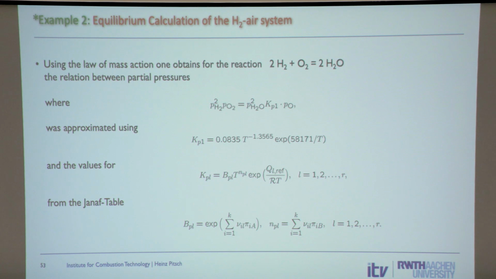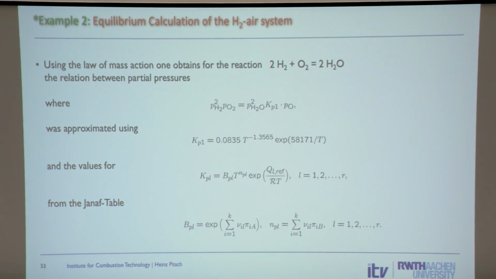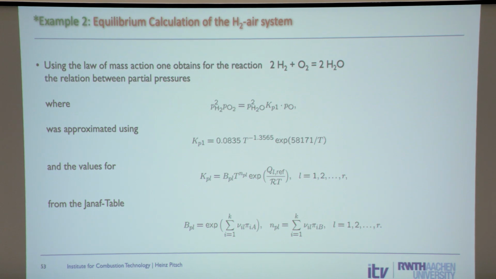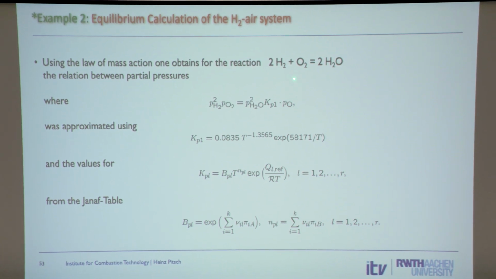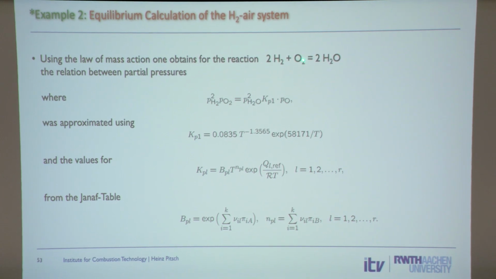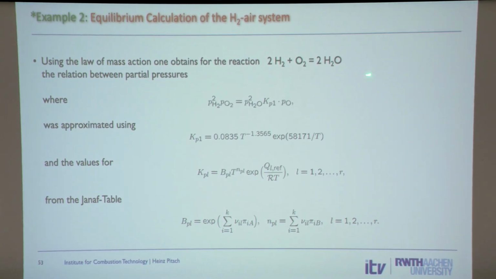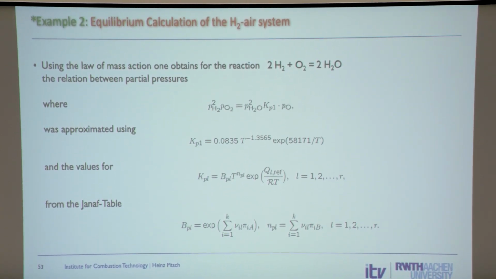Actually, if you look at the example for NO I showed you, it's very simple and easy to follow through because we assume there that the concentration of N2 and O2 will never change, because the formation of NO is really small. You don't consume much nitrogen. But here, of course, you consume basically all the H2, all the O2, and you form H2O, so the concentration of the reactants also changes.